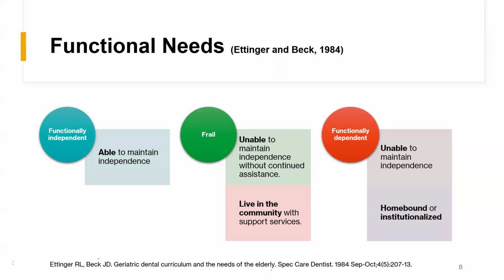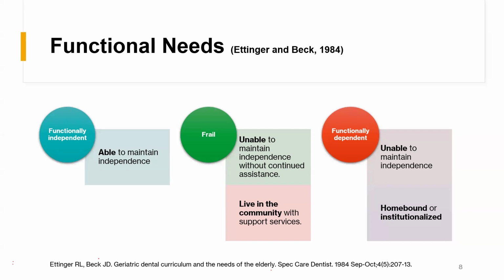Now, based on the patient's ability to seek dental care independently, Ettinger and Beck in 1984 classified older patients into three main groups: functionally independent, frail, and functionally dependent. Functionally independent patients are able to maintain independence in seeking dental treatment or diagnosis and so on. The frail patients are those who are unable to maintain independence without continued assistance by an association or by a caregiver.